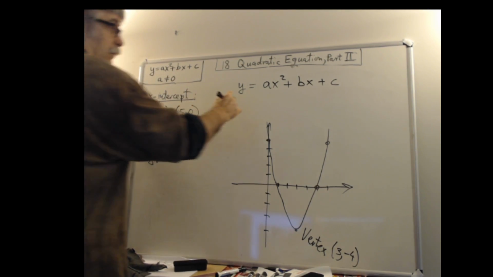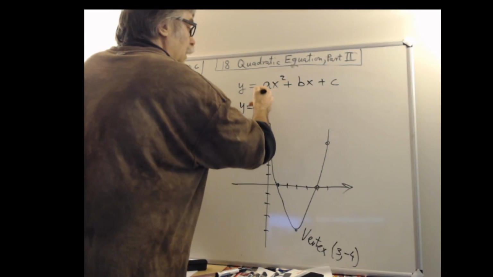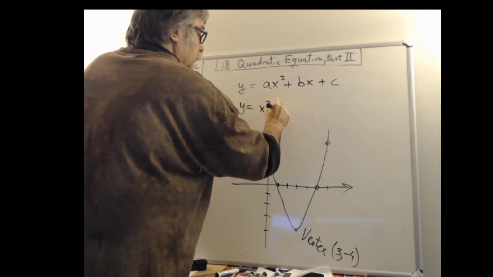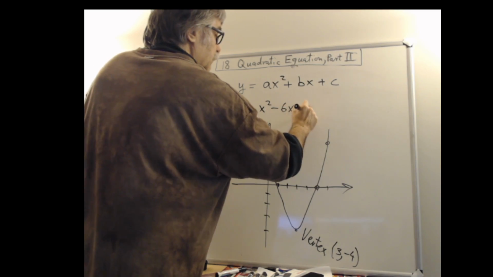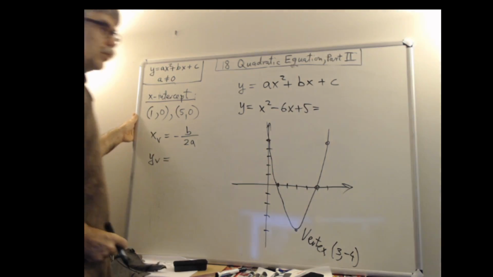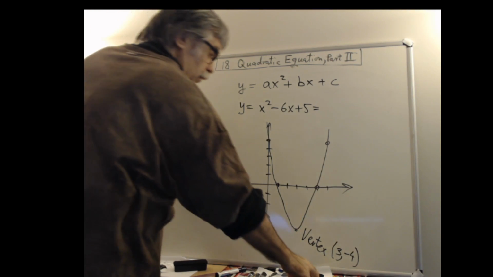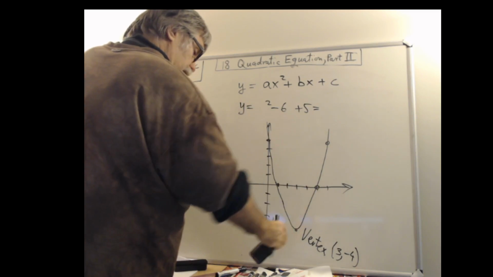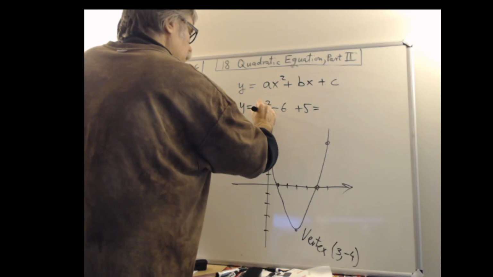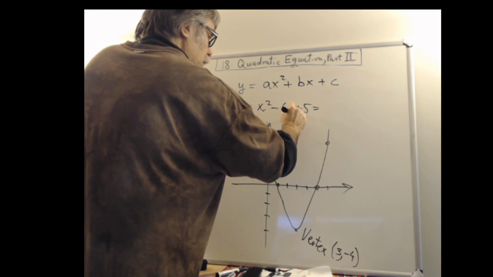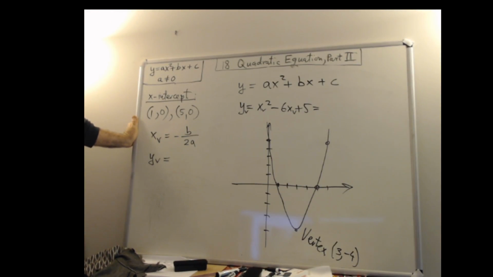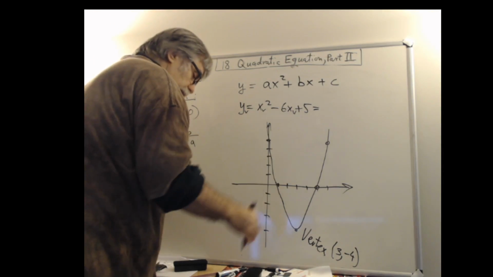So in our particular case, we had 1 times x squared minus 6x plus 5. When you plug the x of the vertex here, it will give you the y of the vertex.